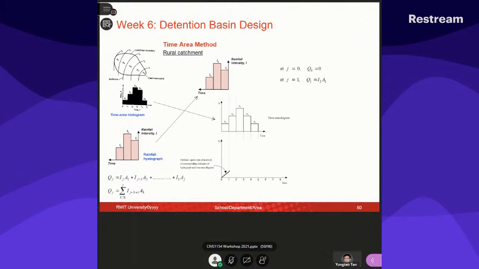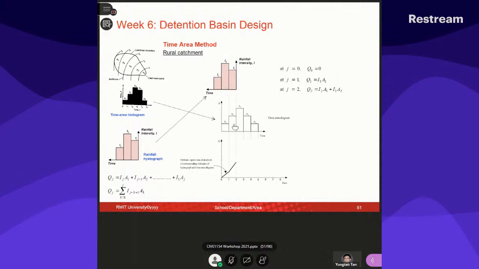So we can easily have the runoff: I1 times A1, because at time t1 only the area A1 is contributing to the runoff. Now let's move to the next time, t2.